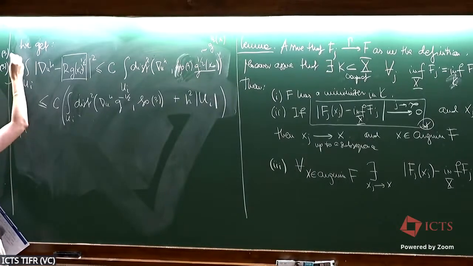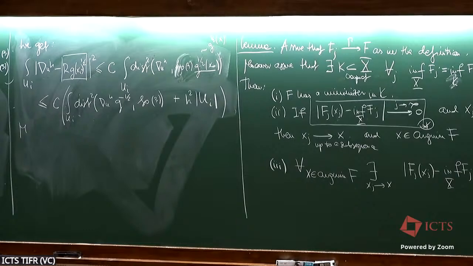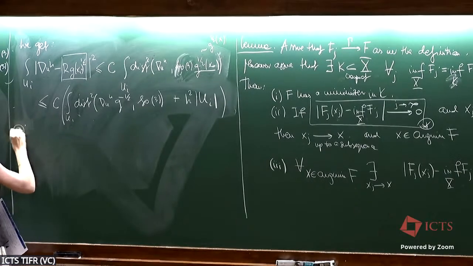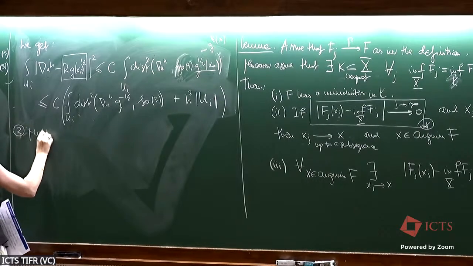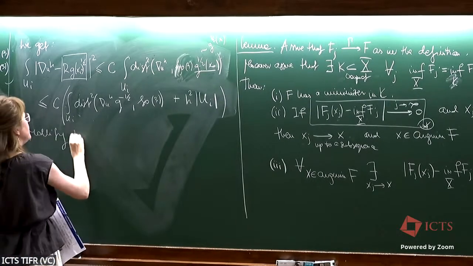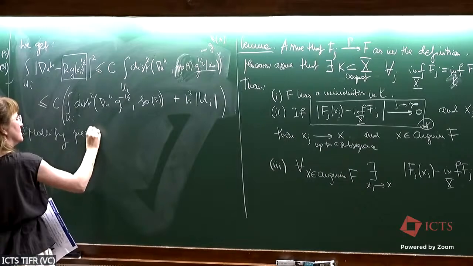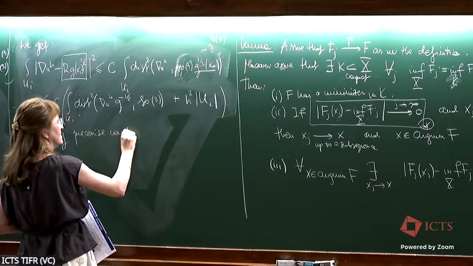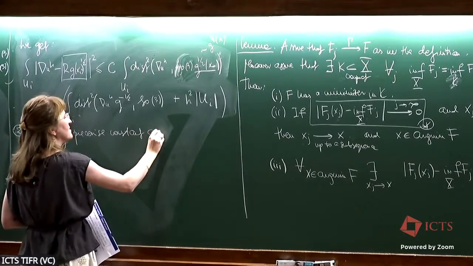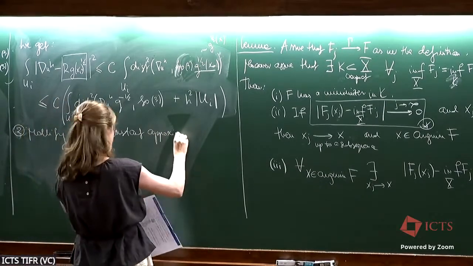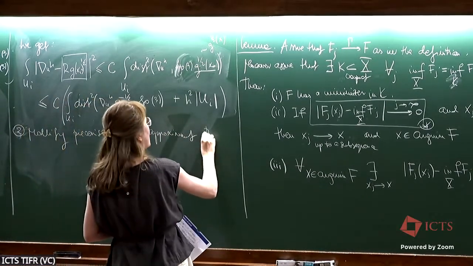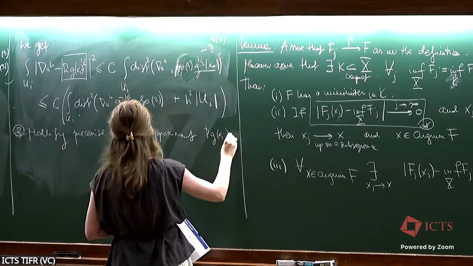So this was step 1. Now step 2 is to modify the piecewise constant approximant R g of xi to the 1/2.